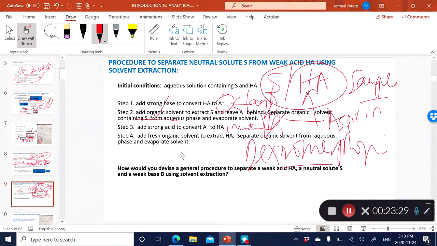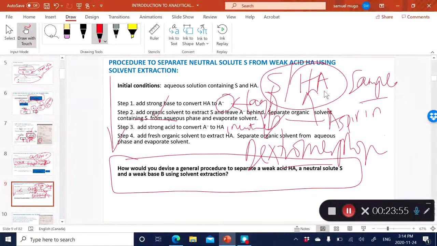And now I've resolved both my neutral solute and my weak acid. I hope it's clear to see the process. A very practical problem in the industry, where you've got one neutral compound and the other one is a weak acid or a weak base. And both are important and they need to be resolved. How about you do this problem at home, which is just analogous to what I have up there.